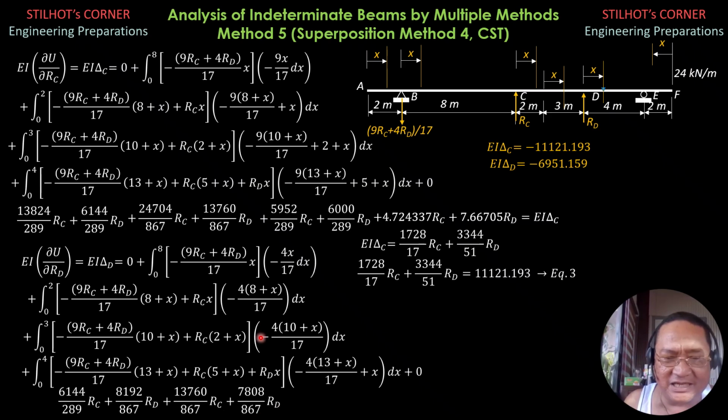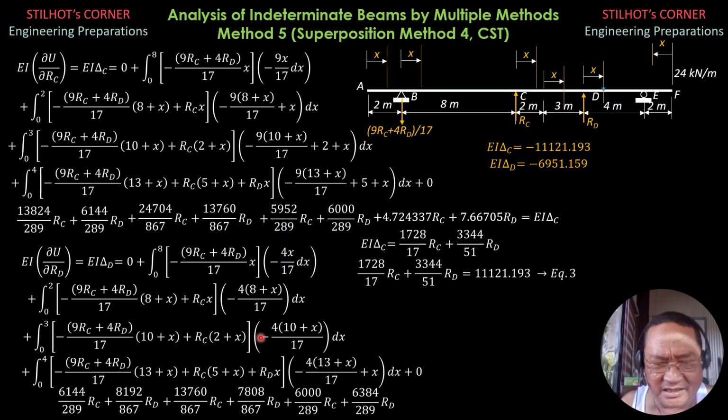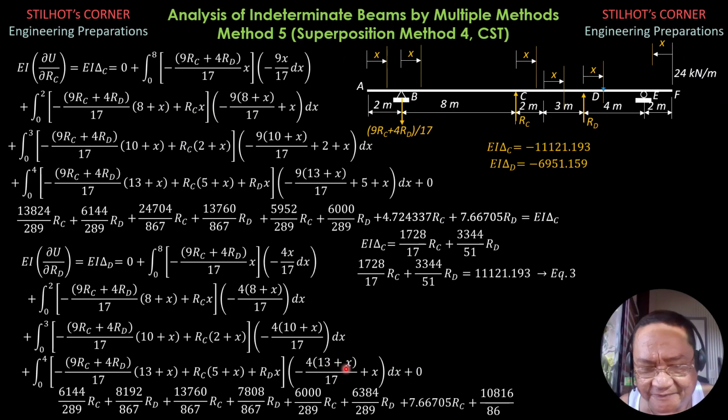For the next integral here, it's equal to 6000 over 289 RC plus 6384 over 289 RD. Then this last integral, 7.66705 RC plus 10816 over 867 RC, and that is equal to EI delta D.